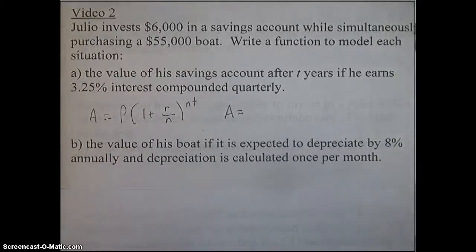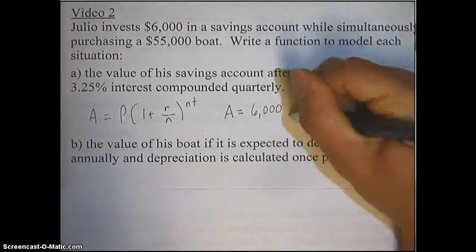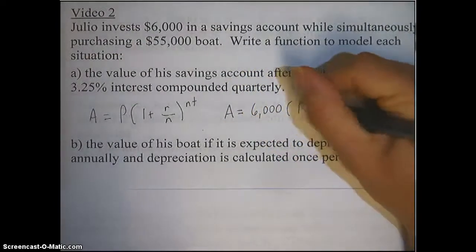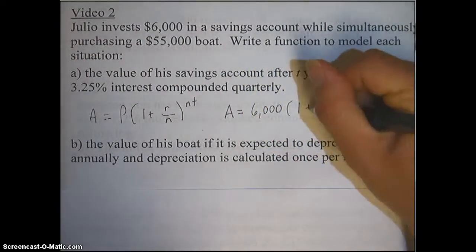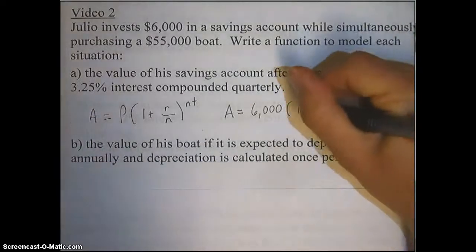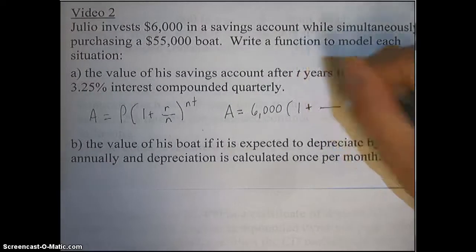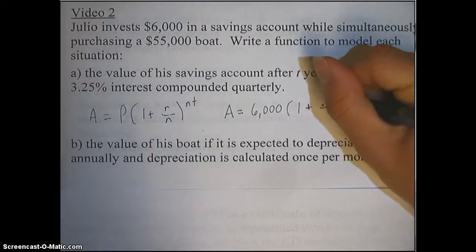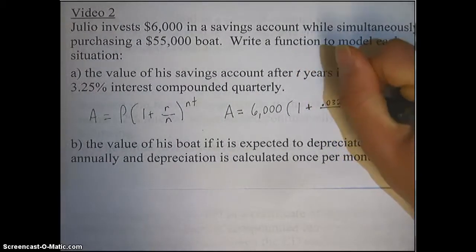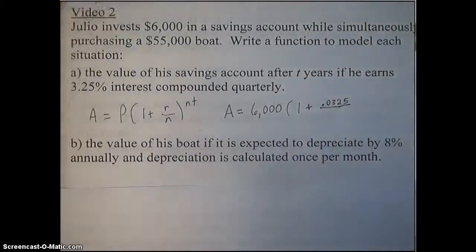The P, the starting point, is your $6,000. You're going to have that 1 plus. Now the r is 3.25%, but we want to divide that by 100. So for my r, I'm going to put 0.0325. That's my r when I divide it by 100.